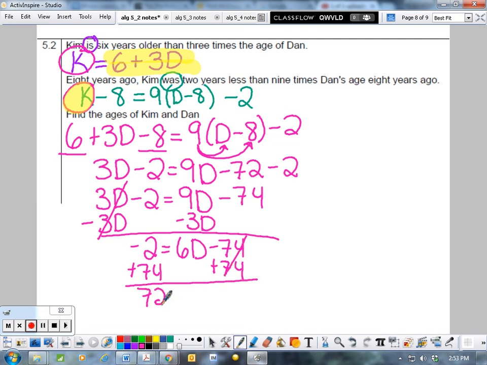Now I have 72 equals 6D. I divide by 6 on both sides. D is equal to, let's see, 6 goes in 10 times, gives me 60, plus another 2 more. So D is 12, which means Dan is 12 years old.